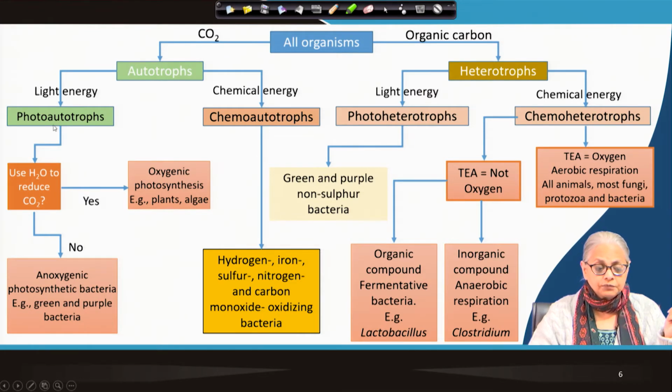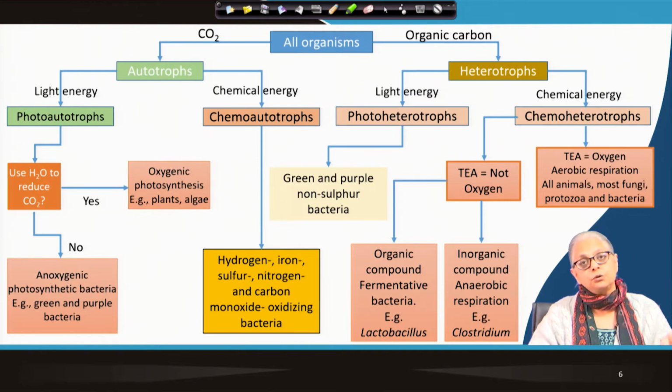For the photoautotrophs, we ask a question here: can water be used to reduce CO2 to organic compounds? Because remember, the final end product is biomass. If the answer is yes, that means those organisms are what we call photosynthesizers that are capable of generating oxygen.